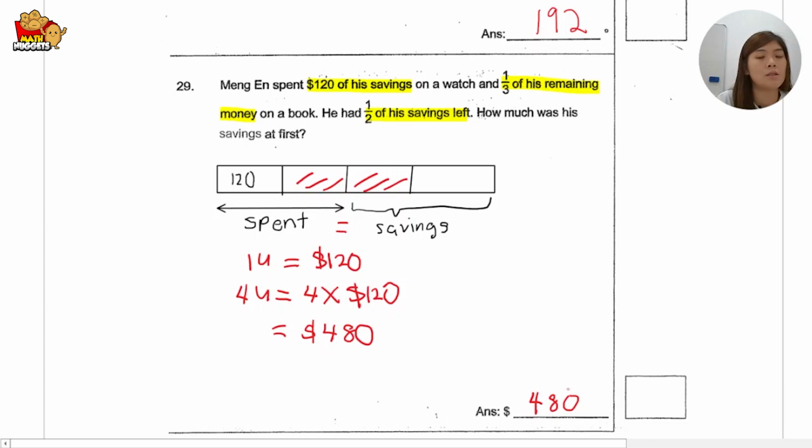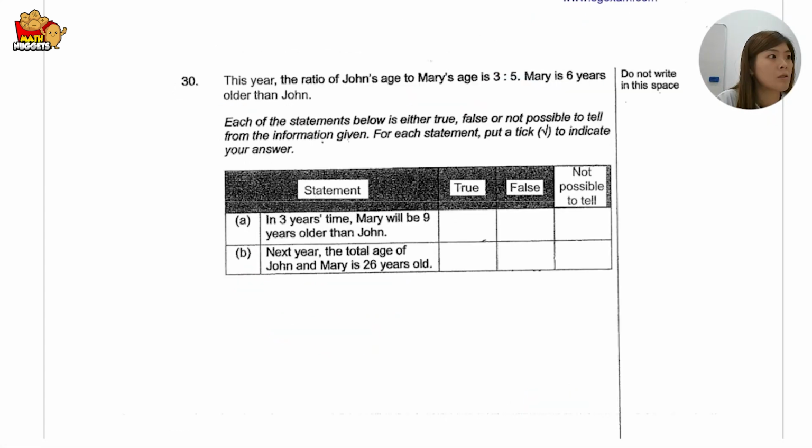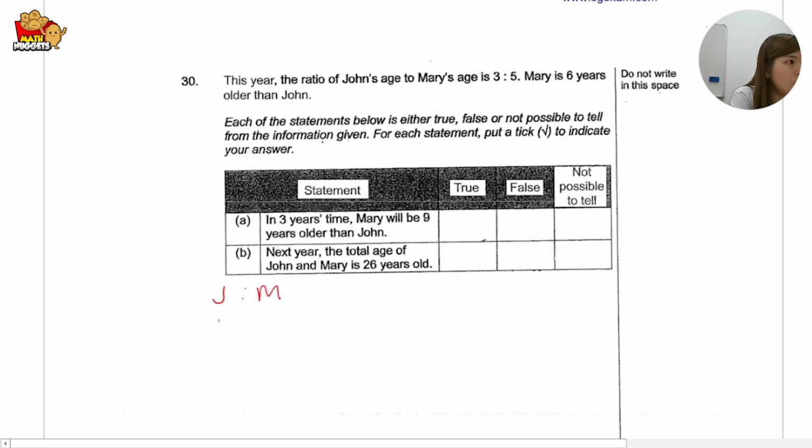Okay, so for the next question, question 30. This year the ratio of John's age to Mary's age is 3:5. So we put John to Mary 3:5. And then Mary is 6 years older than John.